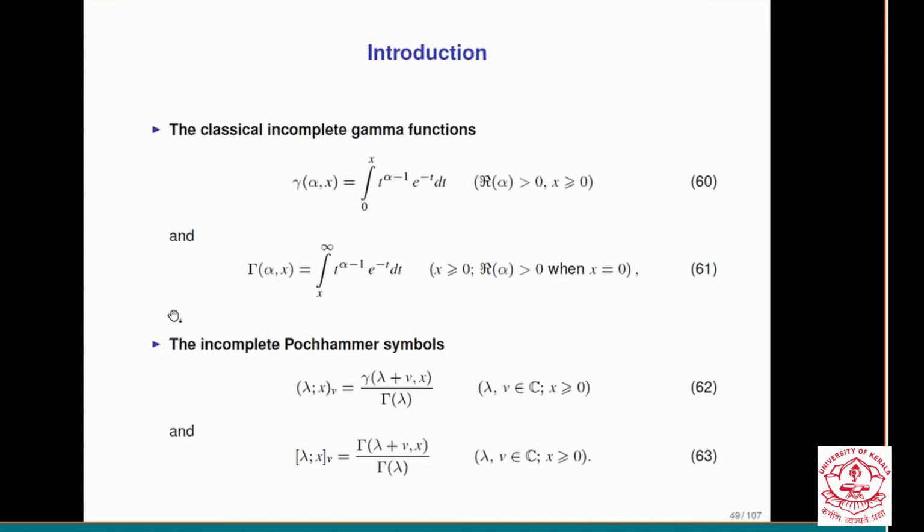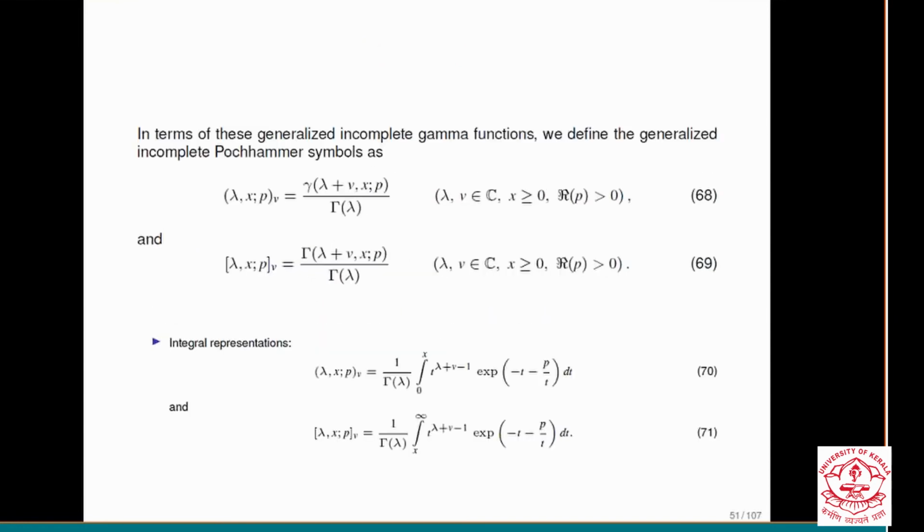The generalized incomplete Poisson symbol is defined as equation number 68 and 69, and the integral representation is mentioned as 70 and 71. This is an extension. We already discussed this type of result in our earlier slides.